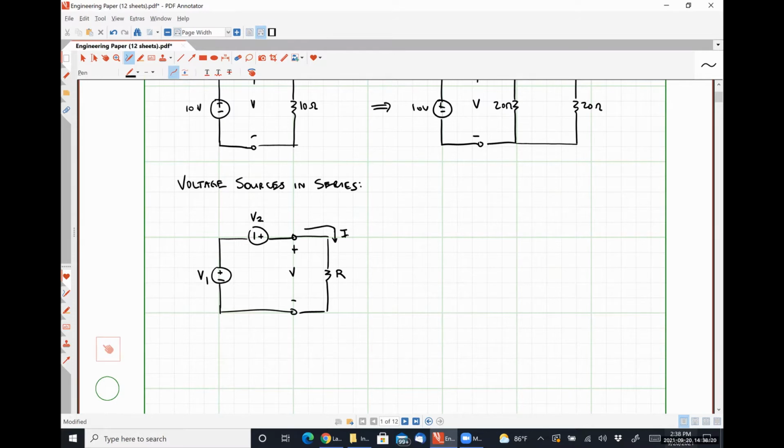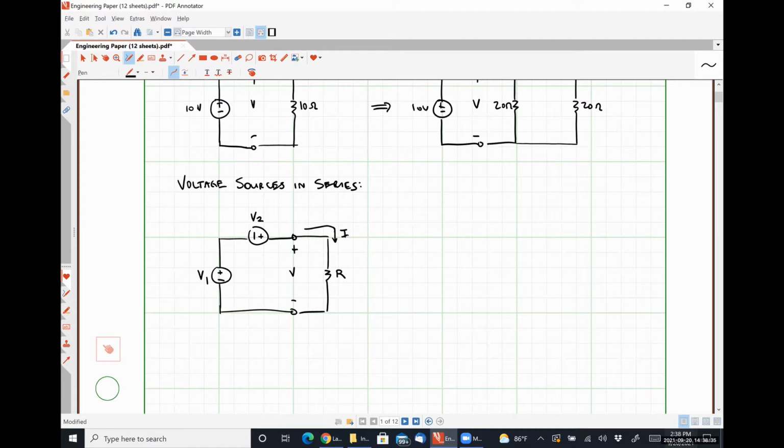So my question to you guys is, what's the equivalent voltage seen by the resistor? We can figure it out just using Ohm's law, just like we figured out how to combine resistors in parallel, right?